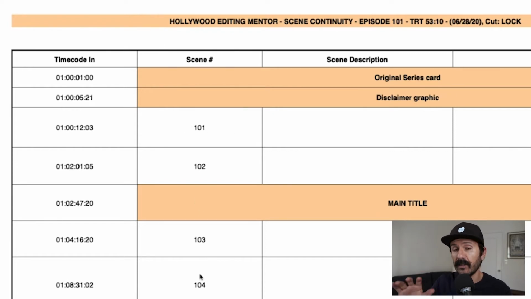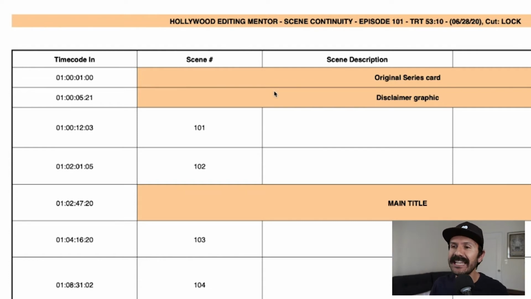And this is all based on the cut that you're sending it with. So you just pretty much look at your timeline, see what scene is next, and then just keep on writing scene numbers. Scene description, that's what it is.